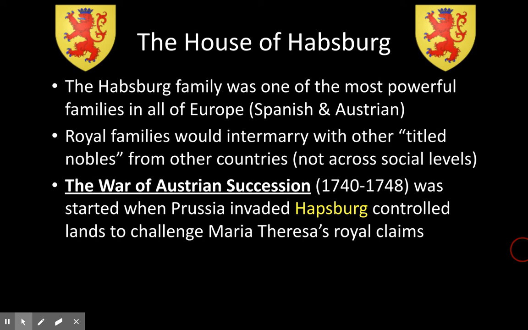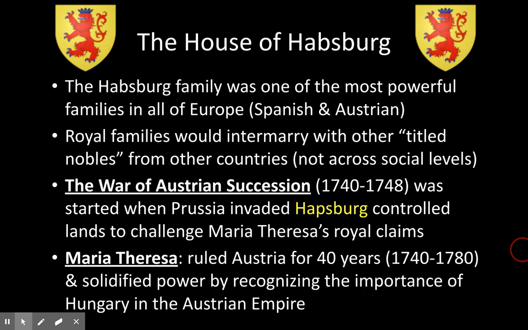But there are some instances where a guy doesn't have any sons, and he doesn't want to give up the power to another family, and so he passes this on to his daughter. And that was a huge deal, something called the Pragmatic Sanction, where Maria Theresa ruled Austria for 40 years during this Enlightenment time period.